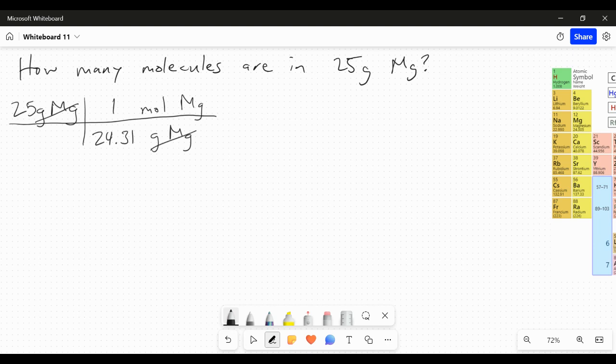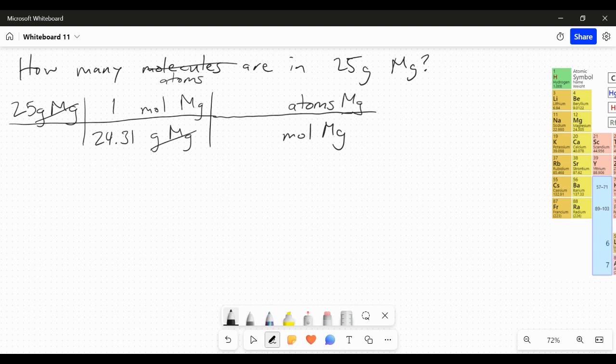Now I can convert it into molecules. I just need to add another step. So I'm going to make my T-chart a little bit longer. I'm going to add a new break right here. Copy my unit down, moles of magnesium. And then on the top, I'm going to put molecules. This should be atoms, because magnesium obviously is an element. So atoms of magnesium.